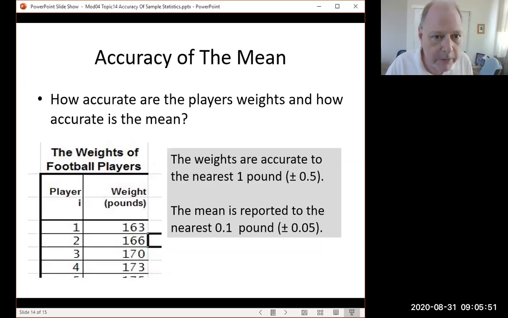So how accurate were the players' weights? Accurate to the nearest 1 pound, in other words, plus or minus half a pound. So the mean is reported to the nearest 1/10 of a pound, which is plus or minus 5/100ths.